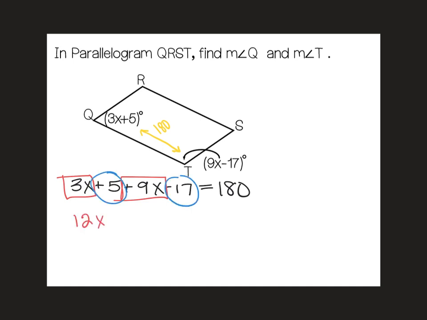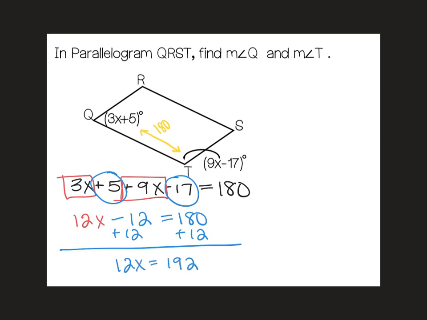Positive 5 minus 17 is negative 12, and that equals 180. I can add 12 to both sides. 12x equals 192. If you divide by 12, x equals 16.